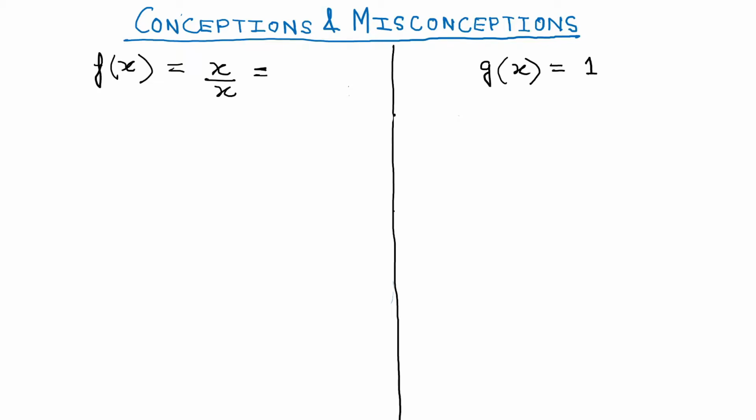So let's first try and understand how a combination of two or more functions is given rise to. So can I write x divided by x as x into 1 by x? This is one of the ways of writing it. Now, if I say that f(x) is a combination of two functions, let us try and understand how a combination of two functions is worked out.